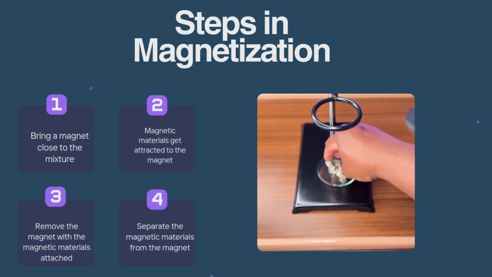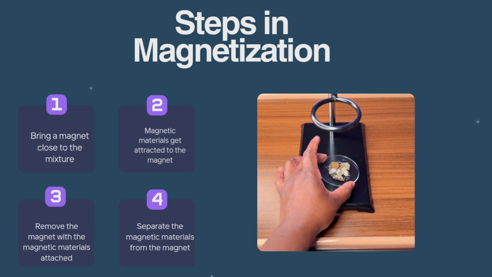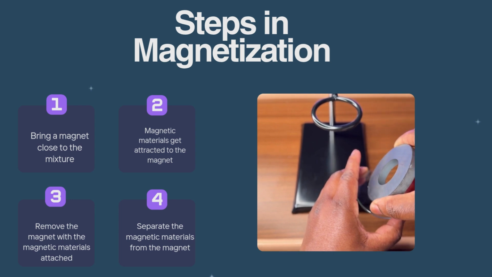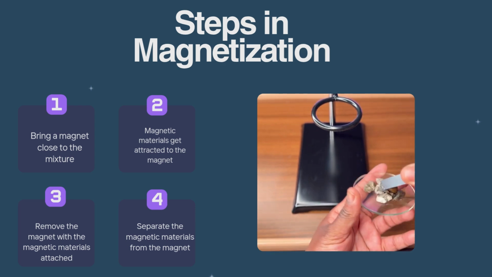Now I have a mixture of sand and iron filings. How do I separate that? I can use a magnet, because the magnet is going to attract the iron filings. The iron filings are going to be attracted to the magnet. Can you see that? Can you see the iron filings flying up to the magnet?